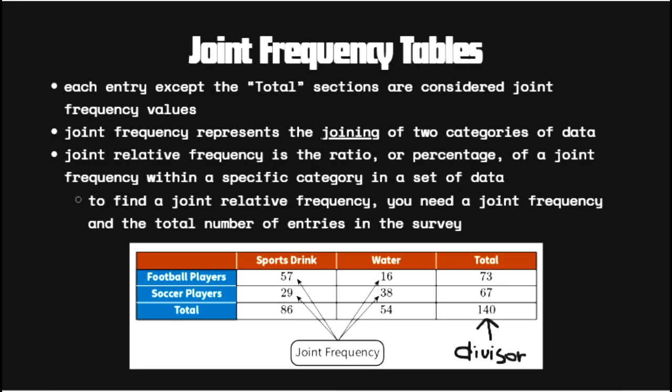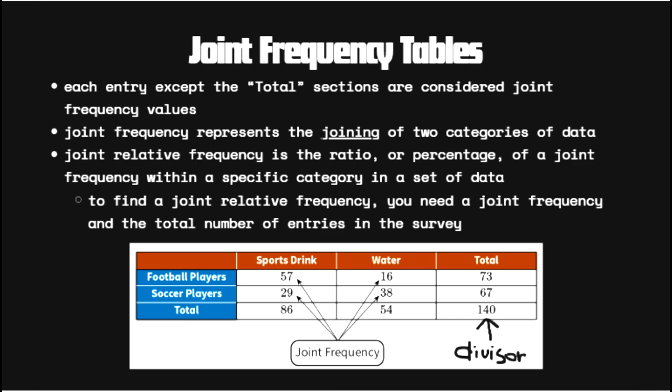Joint frequency tables: each entry except the total sections is considered a joint frequency value. Joint frequency represents the joining of two categories of data. For example, here it's combining football players and sports drinks, so it's a joint frequency. Joint relative frequency is the ratio or percentage of a joint frequency within a specific category in a set of data.